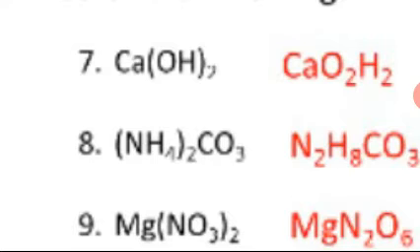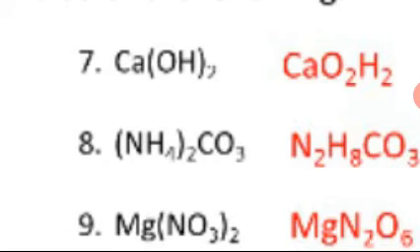Because the subscript 2 is for both oxygen and hydrogen. So it is CaO2H2. This is also a molecular formula, but when you divide it, can you divide? No. So empirical and molecular formula remain the same.